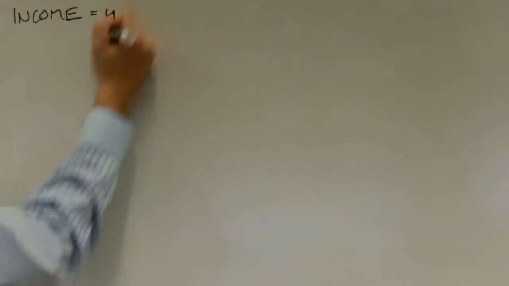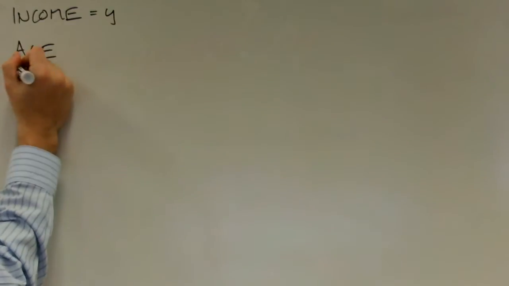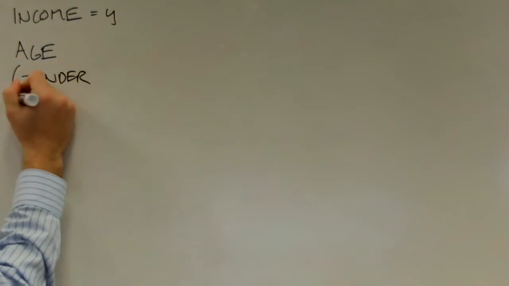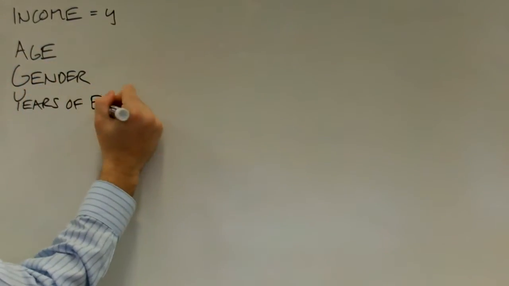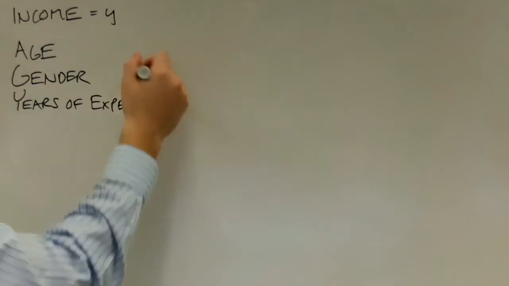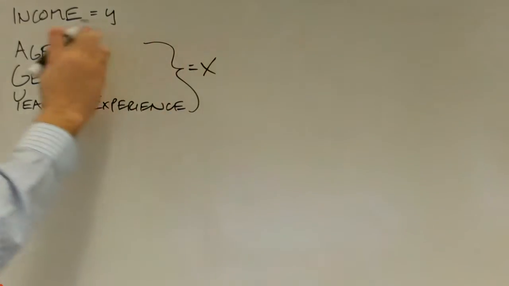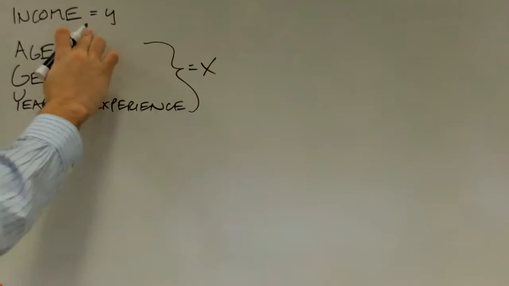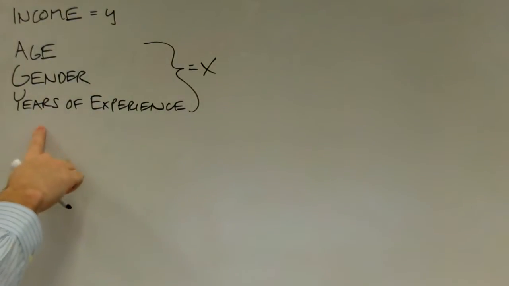Well, here's how it works. Let's draw it out. First of all, you have your variables. I'm going to list them up here. Okay, so we have listed income is what we're trying to predict, and we know the age, gender, and years of experience of everybody.